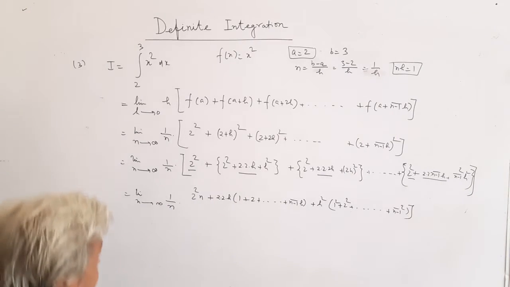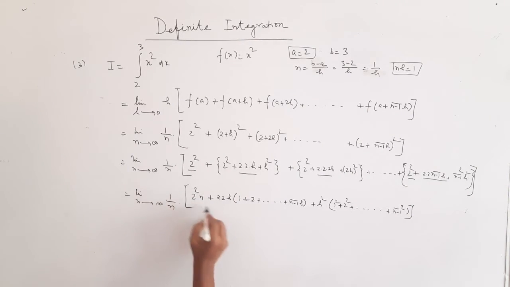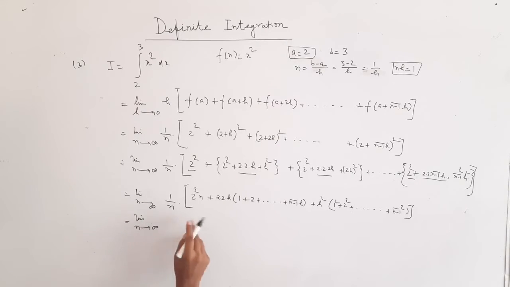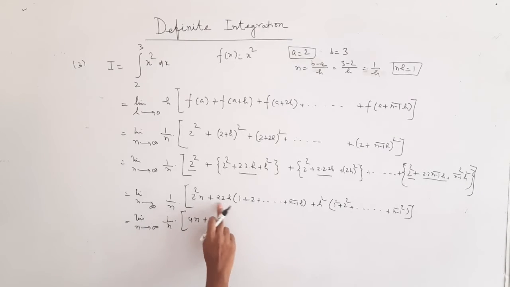Now the tricky part is, this is a bracket here, so limit n tends to infinity 1 by n. Now this is 4n, this is 4h, and this is h square. So first what I do, one more term, 1 by n, I write this as 4n plus this is 4h.